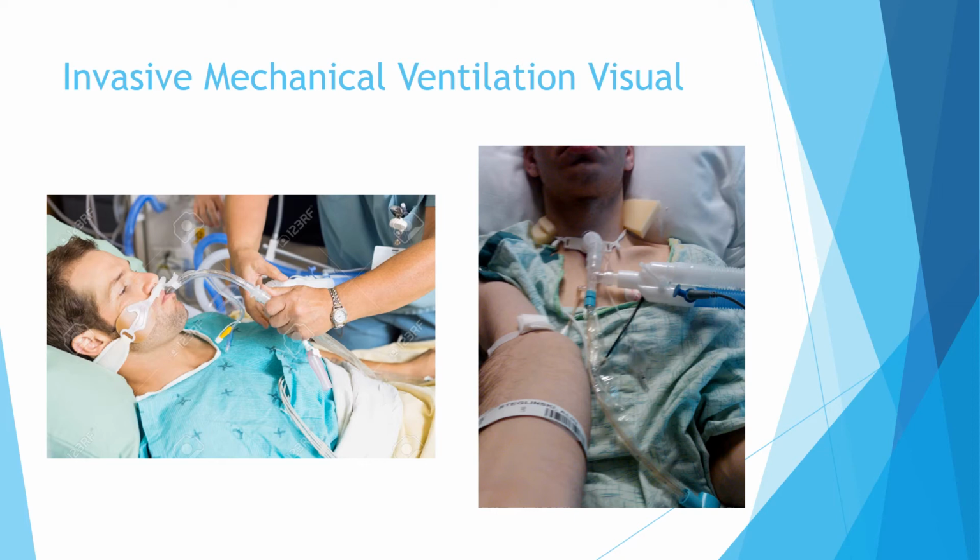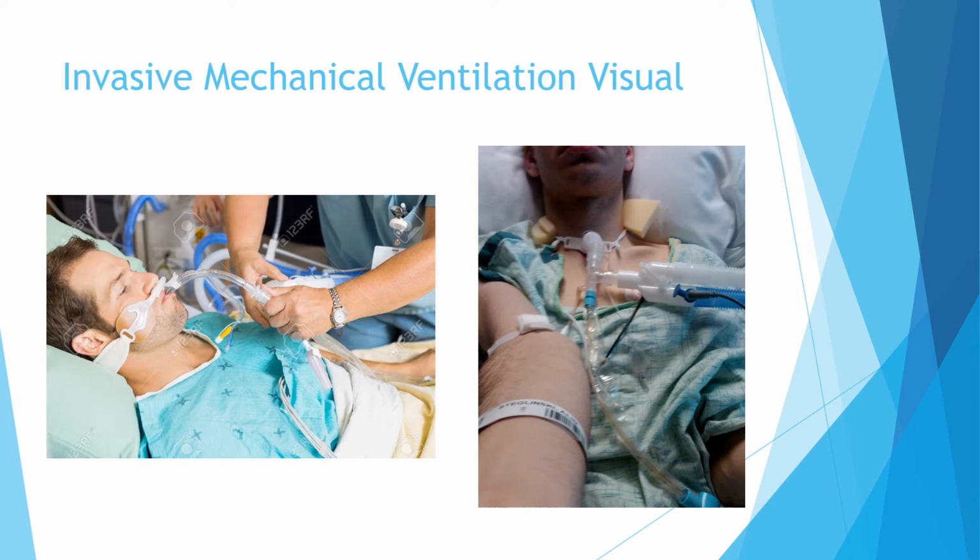This is your invasive mechanical ventilation visual. So this is your endotracheal tube. All right, so right here on the left, the patient has the tube that is going in through the mouth. All right.